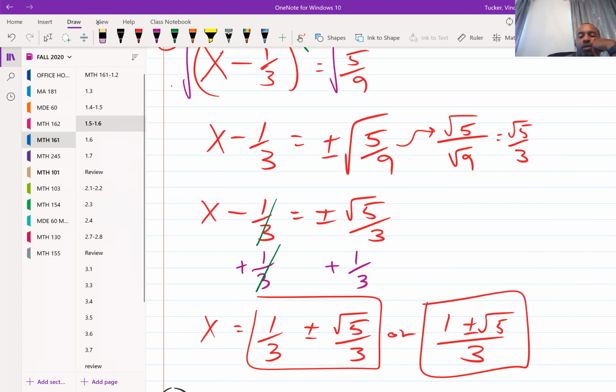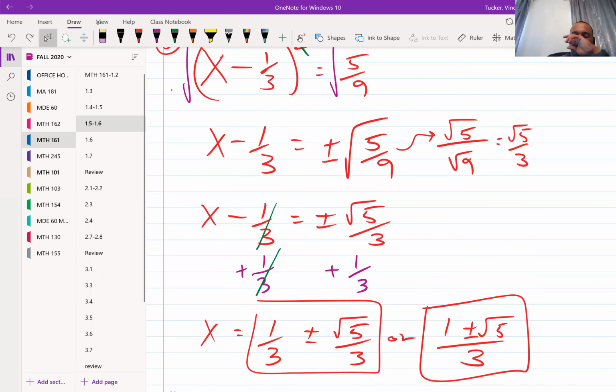Don't forget though, if this was imaginary, I wouldn't be able to do that because they want the imaginary and the real part separate. So just throwing that out there. Any questions?